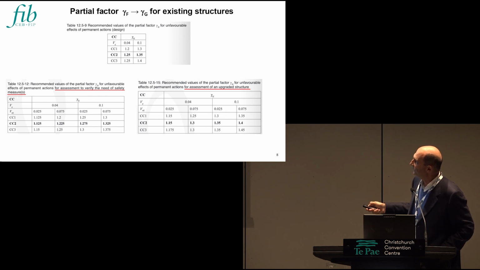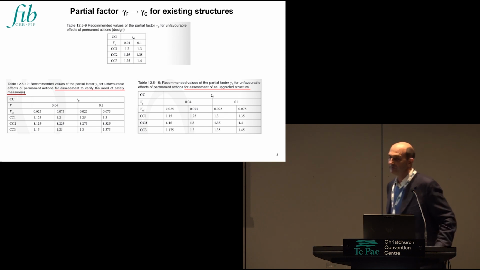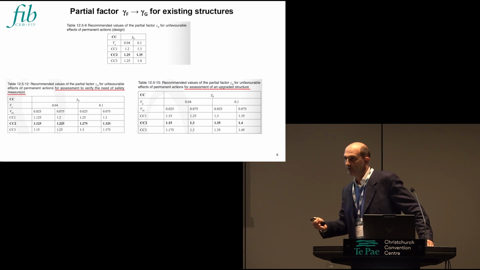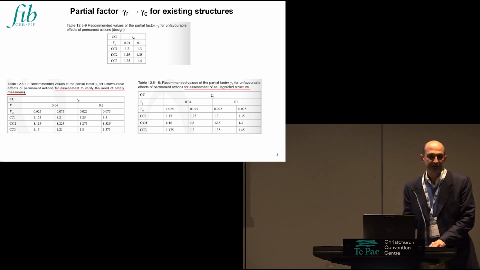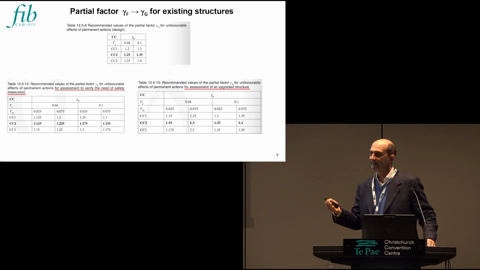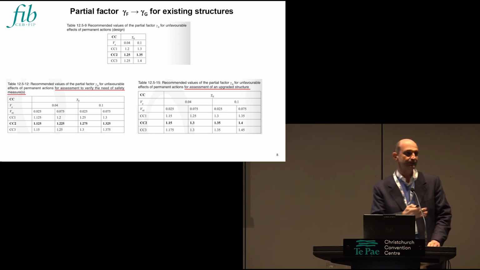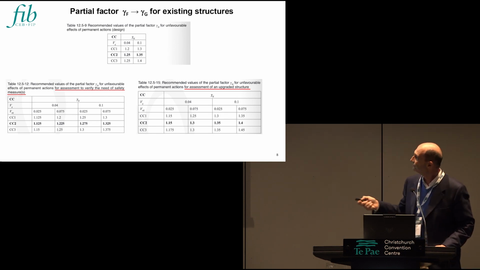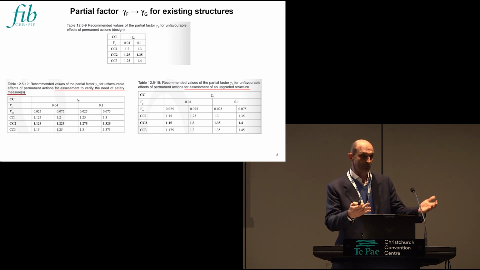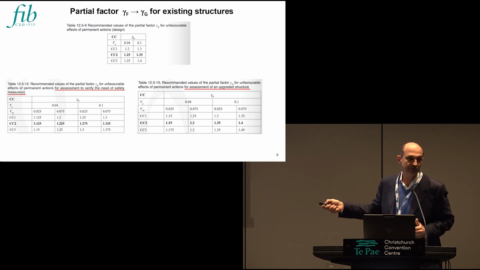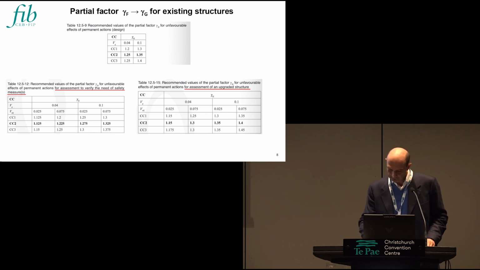But we can also divide, because we can have different knowledge about, for example, the self-weight. In existing structures, we can verify the density, we can verify the geometry of the structure. So if we have deeper knowledge, for example, of geometry, we have deeper knowledge of the load, and so we can reduce the factor.